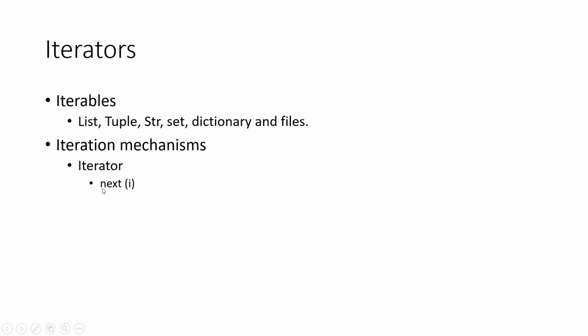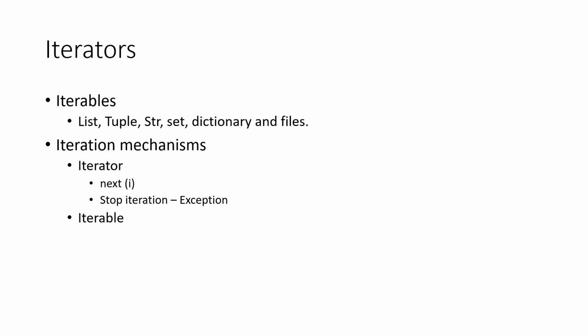By using the next function, we can iterate through it. The second thing is that as we iterate with the next function, when we reach the end of the sequence, something has to stop it. To stop it, one specific exception is used, called the StopIteration exception. When you try to access the sequence or iterable beyond the range, it raises the StopIteration exception.